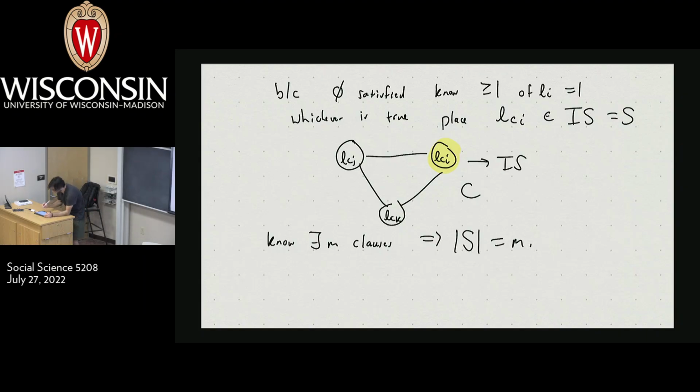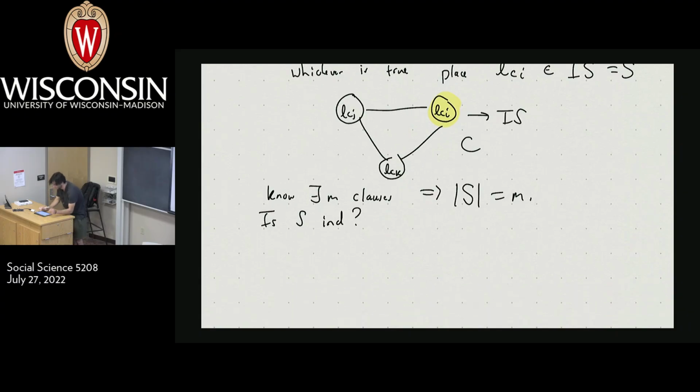But is it an independent set? So I think the easiest way to see it is by contradiction. Suppose there was an edge between some L_C,i and some other L, I'll call it L_D,j.